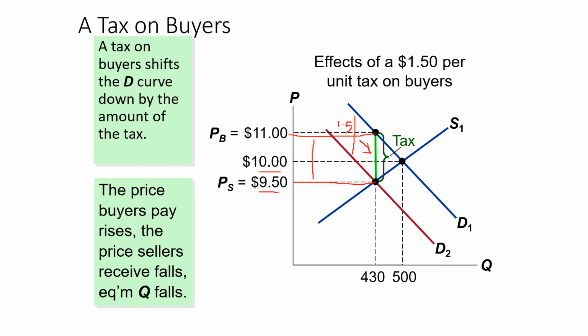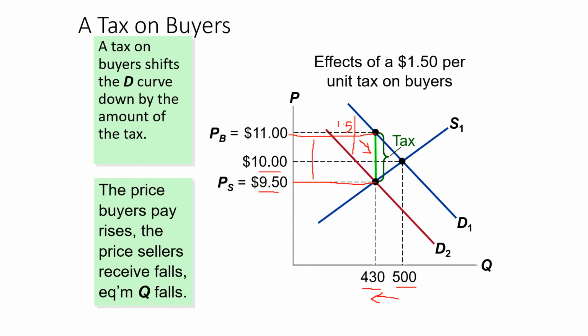Now the quantity has also declined in this market. Previously 500 units of pizzas were sold. Now only 430 units are sold. So there is a decline in the overall products that are sold in the market, and this is not good.